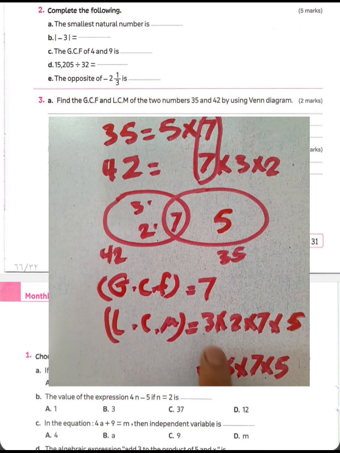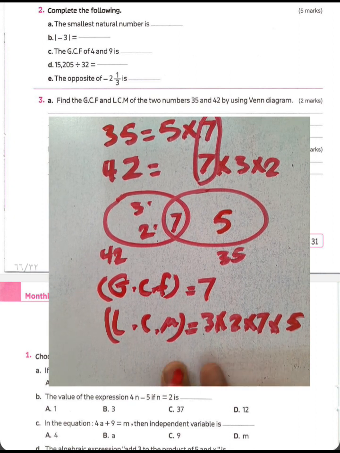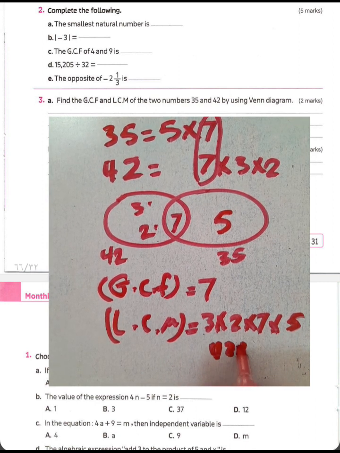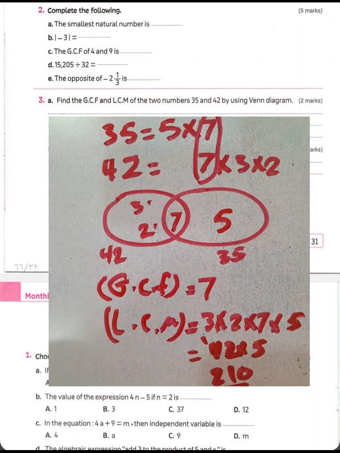Okay, 3 times 2 equals 6. 6 times 7 equals 42. 42 times 5. 2 times 5 equals 10, 0 and carry 1. 4 times 5 equals 20. 20 plus 1 equals 21. Then the least common multiple between the two numbers here will be 210.